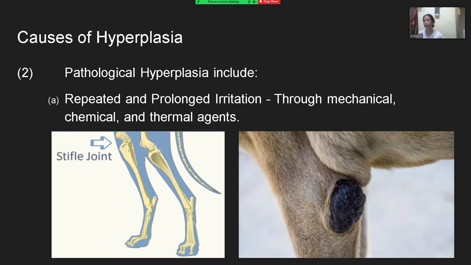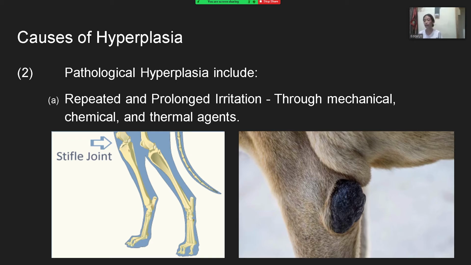The second category is pathological hyperplasia. It occurs due to abnormal stressors. Pathologic hyperplasia includes repeated and prolonged irritation. This happens through mechanical, chemical, and thermal agents.